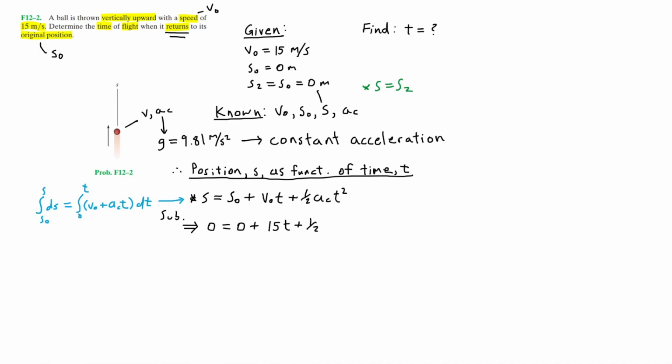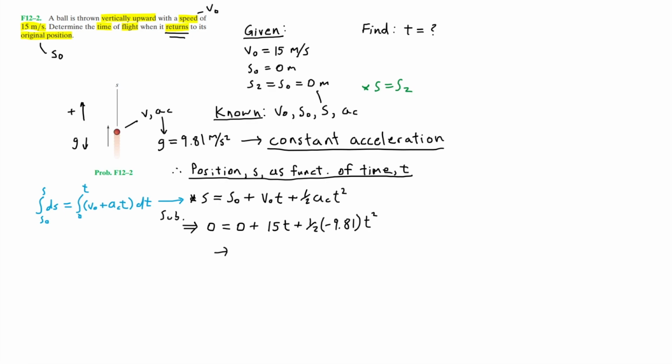And now before writing down the value of a sub c, which is of course constant acceleration, if we assume here upwards as positive, then the value of g will be negative, since of course gravity points in the downward direction, which hence carries a negative acceleration, which is simply negative 9.81, and then that times t squared.